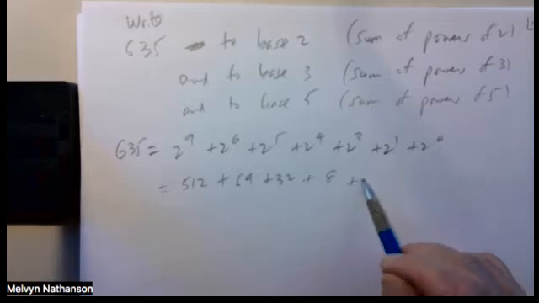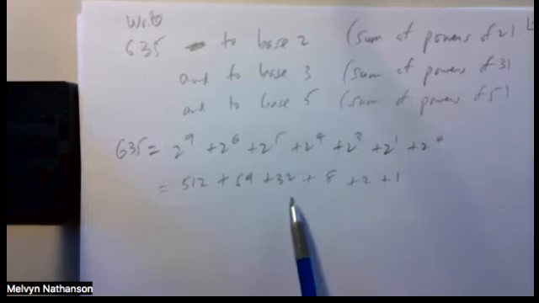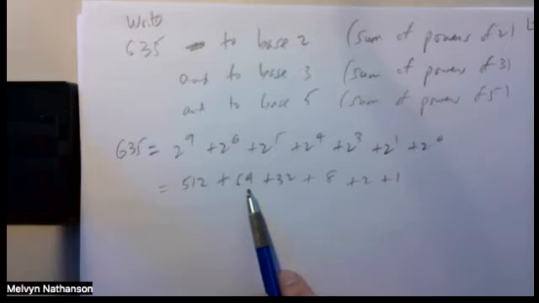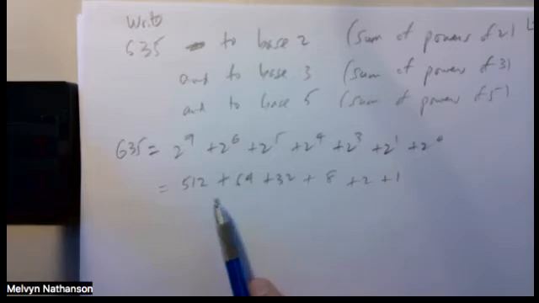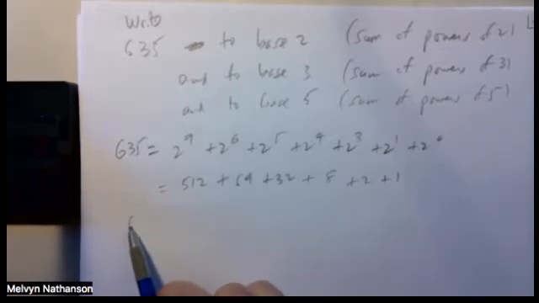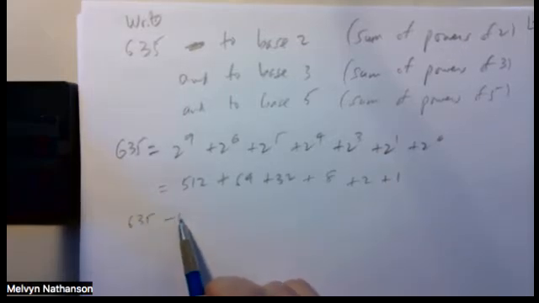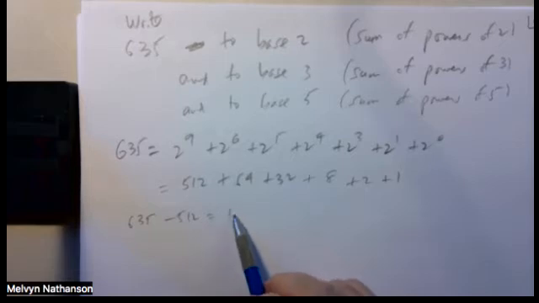My arithmetic must be off. Let me just double check. Plus 2 plus 1. This seems to be not quite right, right? So let's see. 635 minus 512 is 123.